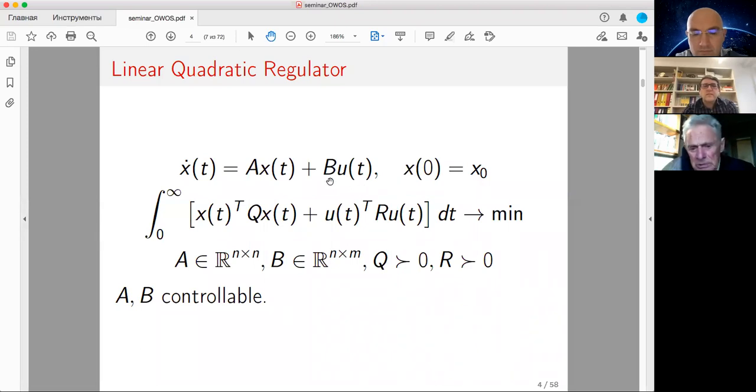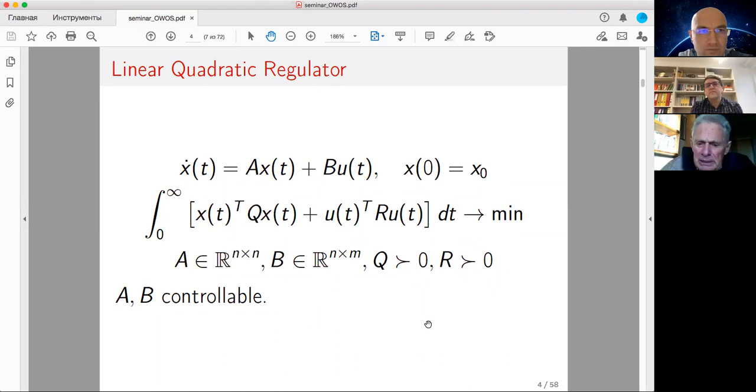And our goal is to choose control U as a function of t in such a way as to minimize this quadratic objective function. For simplicity, we assume that the matrices Q and R are positive definite, and the pair (A, B) is controllable. That is, we can get from any point of the state space to another with some control U.